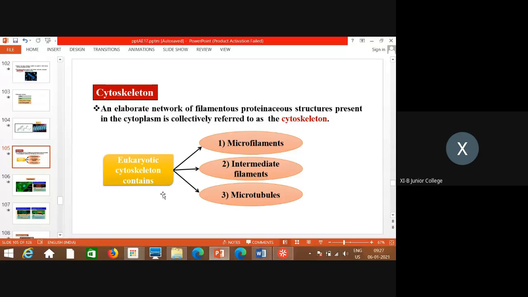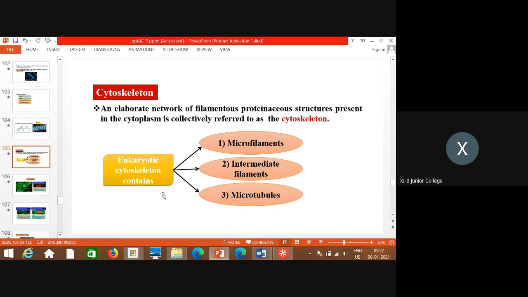Frame means a particular structure, or it makes a particular form, right? So that network of filamentous structures, proteinaceous in nature, which gives a particular form or shape or structure in the cytoplasm, is collectively referred to as the cytoskeleton.